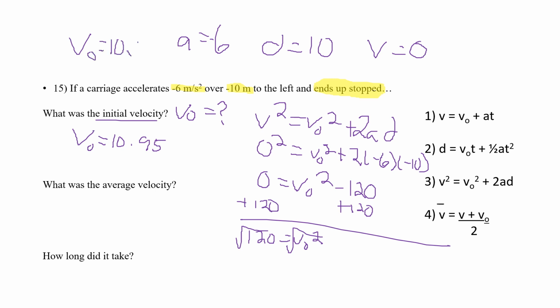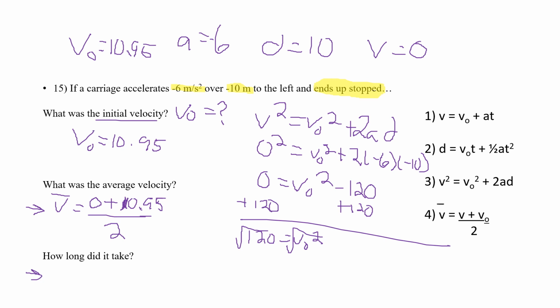Now I can use that 10.95 in all the other equations to solve for the V bar and the T. I hope we feel comfortable doing V bar now. It's actually not going to be too bad. 0 plus 10.95. That's why you had to solve for that first. So you might have to jump around in a question like this. Don't forget it's over 2. Maybe you just don't know exactly what the order is going to be, but trust your variables, trust the equations.